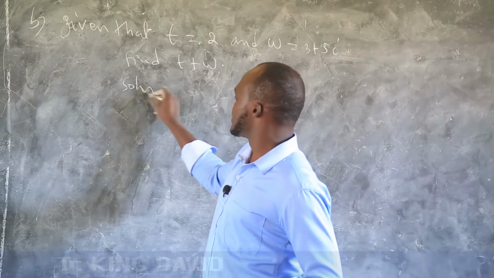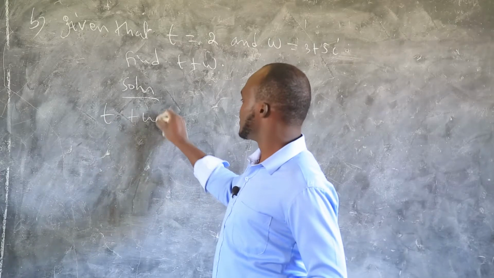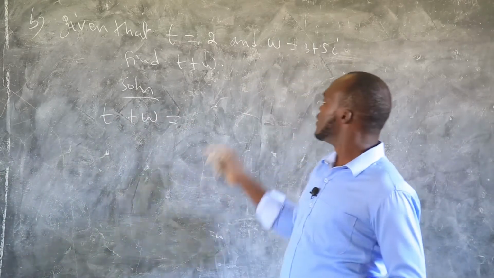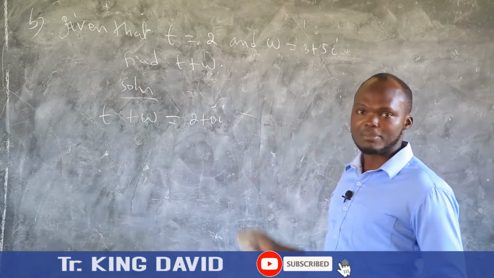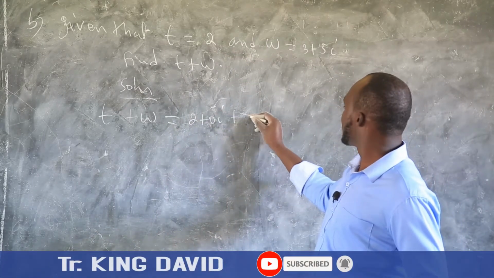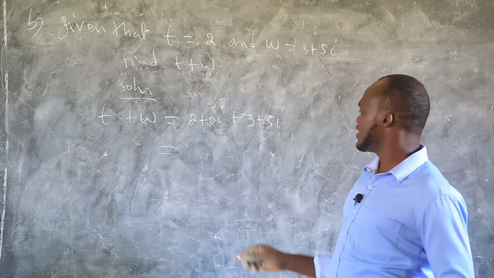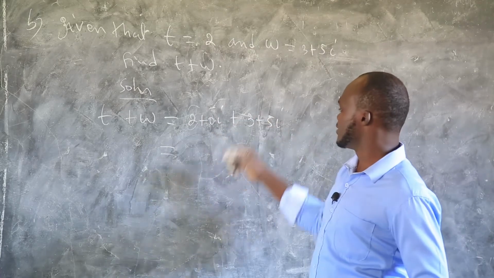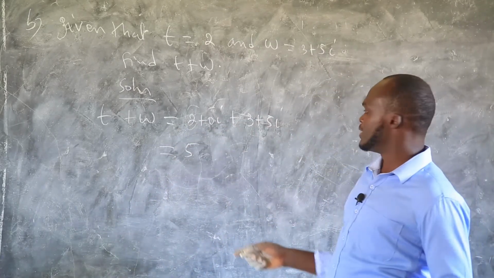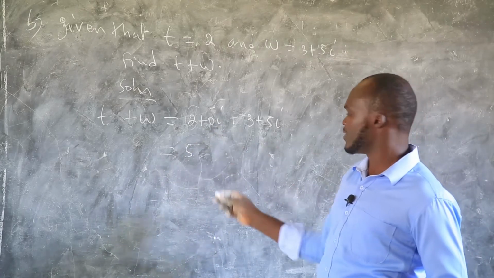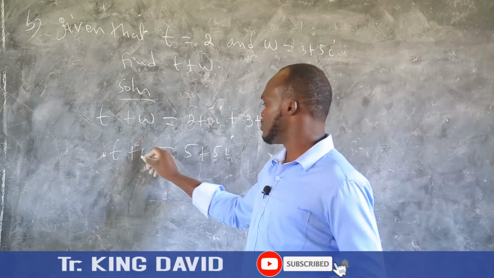I take T plus W, where the value of T is 2 plus 0i, because the imaginary part is 0, plus 3 plus 5i. I add real parts together, which is 2 and 3. 2 plus 3 is 5. Then I add the imaginary parts, 0 plus 5 is 5. So this is the answer, T plus W, equals 5 plus 5i.